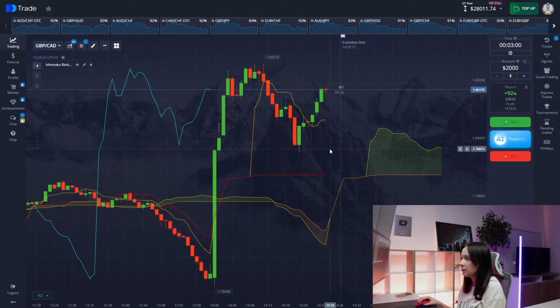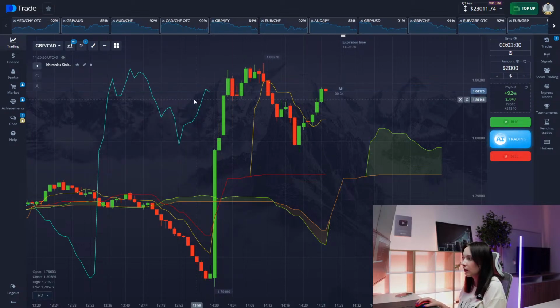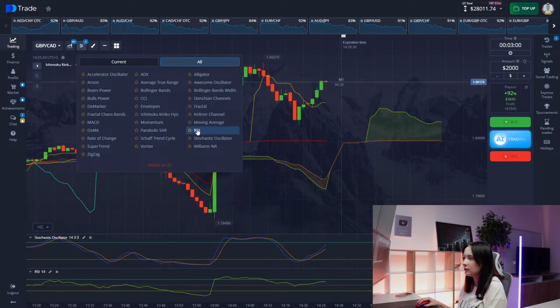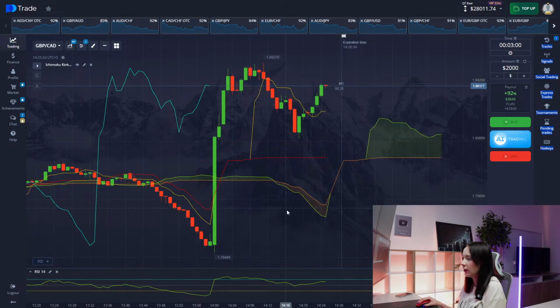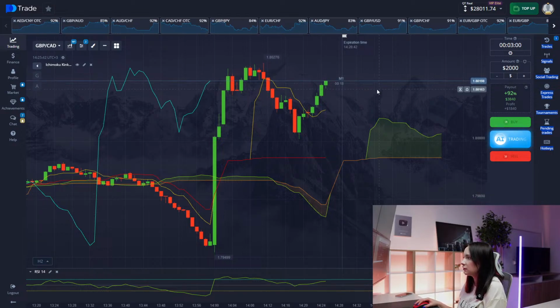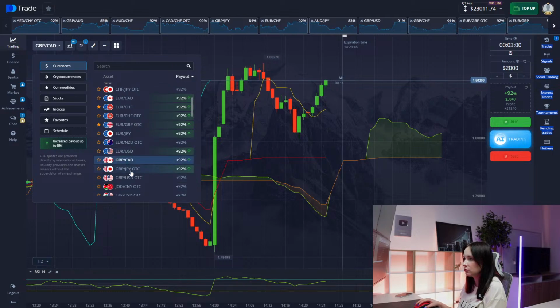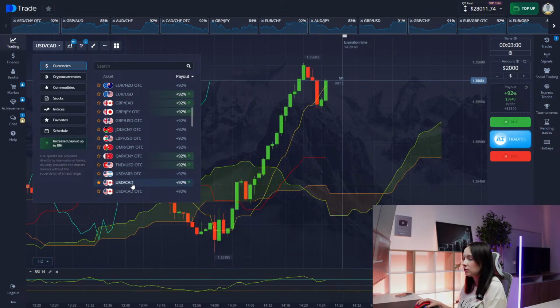I also want to open the RSI, because I accidentally opened the stochastic. Okay, for 1 minute it would be a good trade, but for 3 minutes it would be too much, so we do not rush.